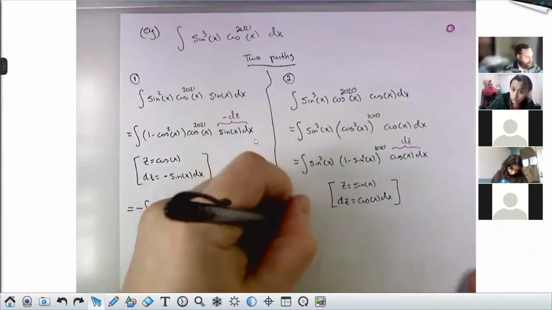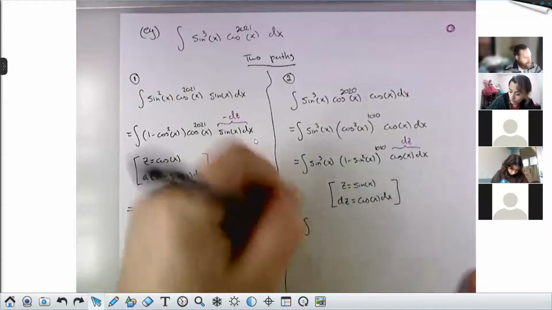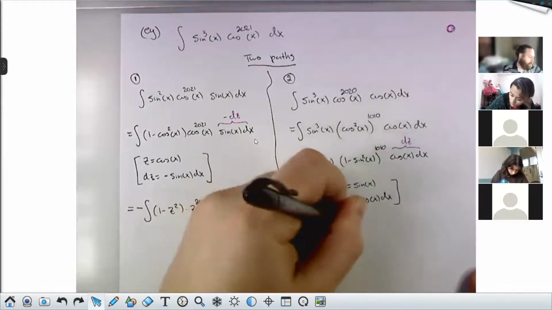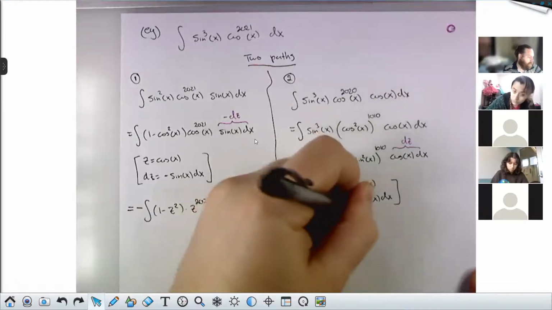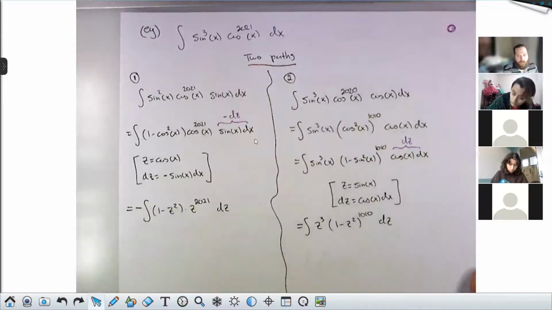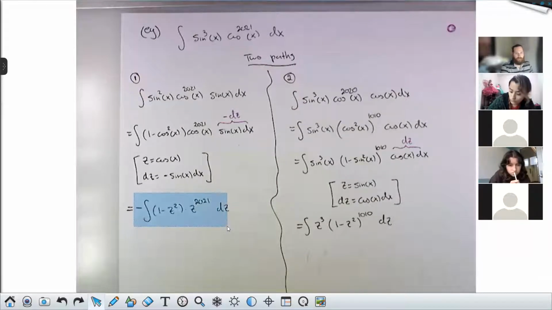And the second integral would become the integral of z cubed times 1 minus z squared to the 1010 dz. And I want you guys to tell me which integral is easier. Integral 1, or the first path, or integral 2 from the second path.